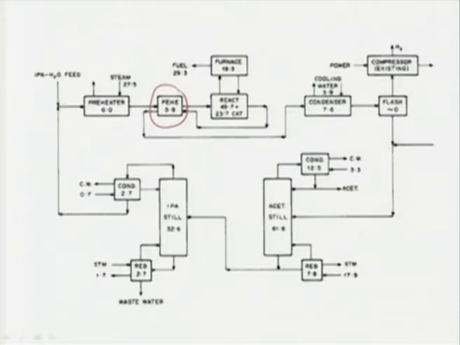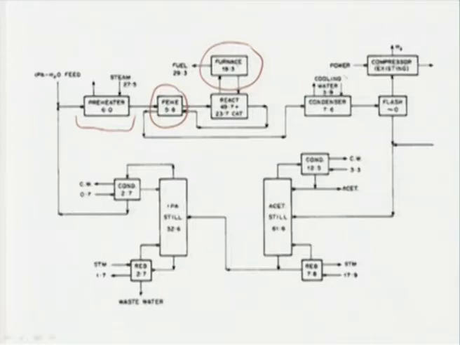However, the preheater costs $6,000 annualized capital cost plus $27,500 for the preheater. And similarly, the furnace also consumes $29,300 of fuel, and the annualized capital cost is $18,300.